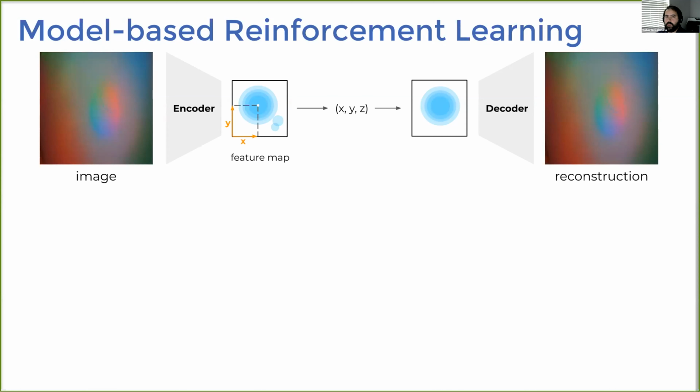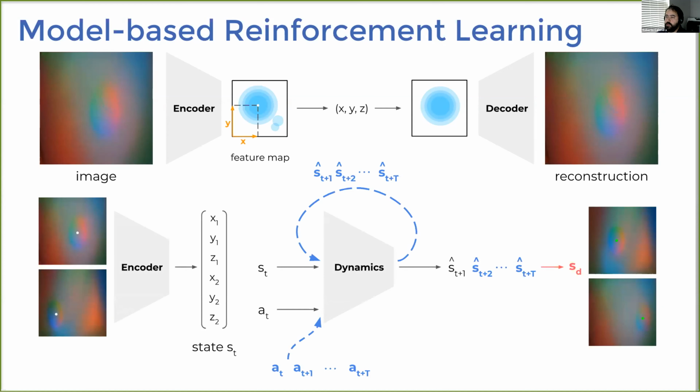Once we have this low-dimensional feature space, we can learn a dynamics model from this latent space that, given the features from the two fingers and the potential sequence of actions for all 8 degrees of freedom, predicts the next state.